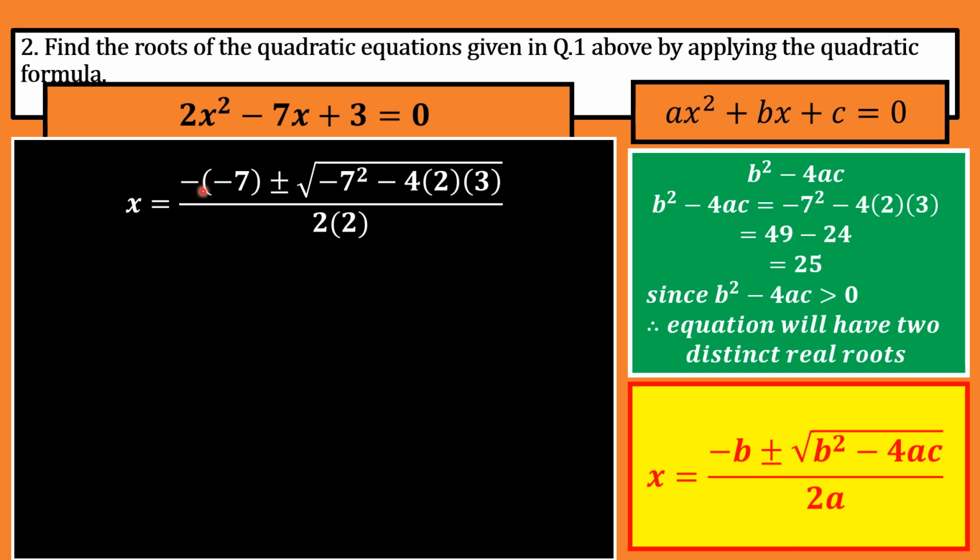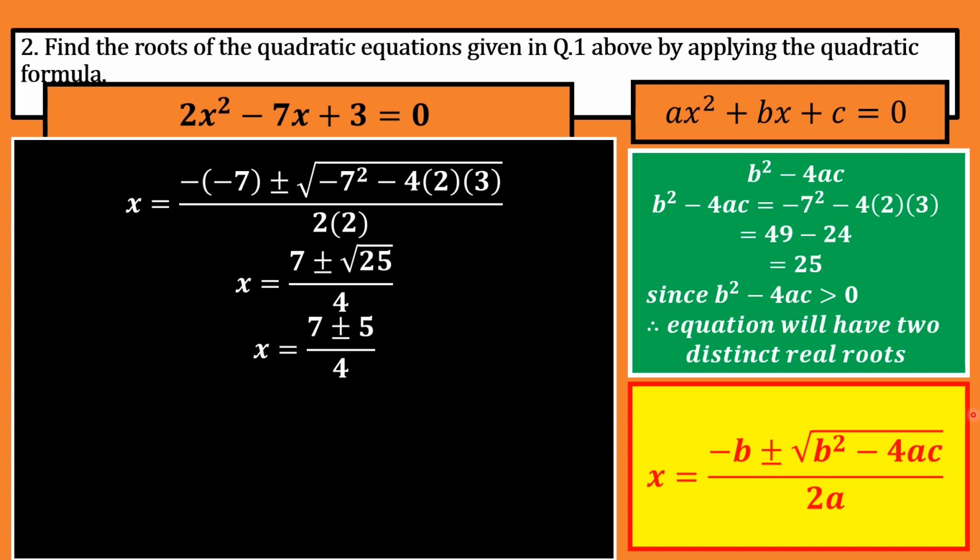Minus b is minus 7 plus minus under root 7 square minus 4ac upon 2 into 2, that is 2a, right? Solving it, we'll get minus minus 7 plus minus under root 25. Already b square minus 4ac is known to us, that's 25, right? Upon 4. Further, x is equal to, under root 25 is 5, so 7 plus minus 5 upon 4.